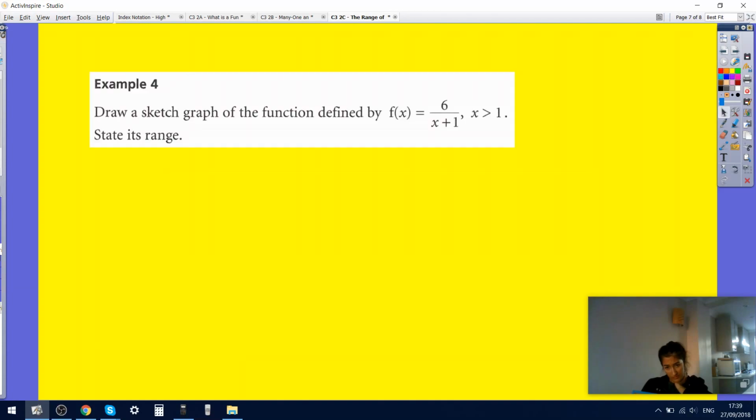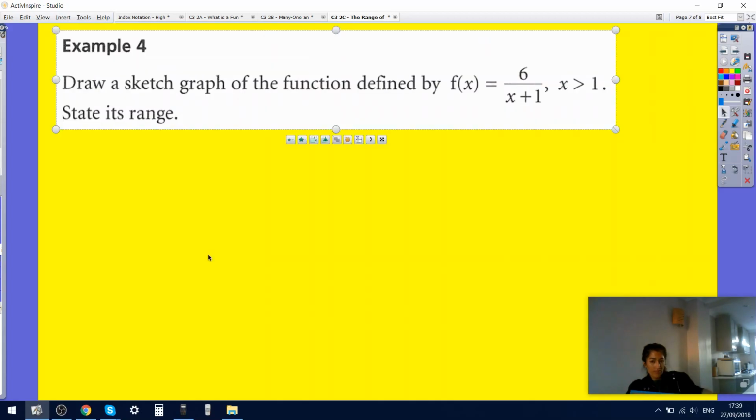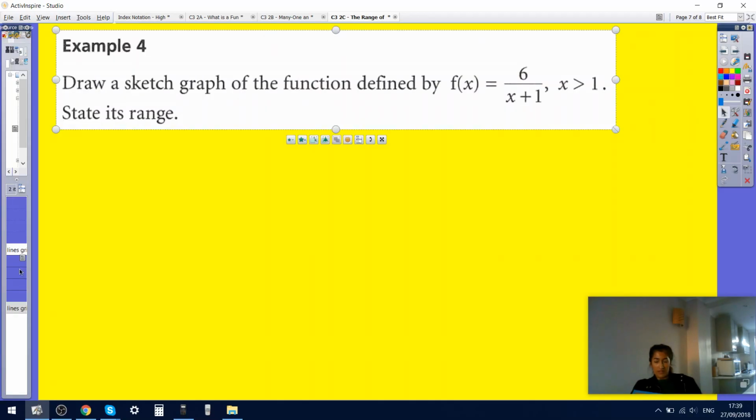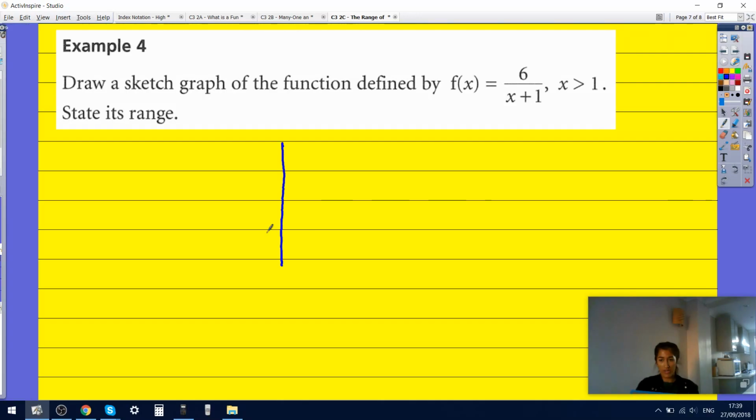Okay, range for this one. Okay, so draw the graph, and then x is greater than 1. So if it's 6 over 3 is 2, so it'll go greater than 2.